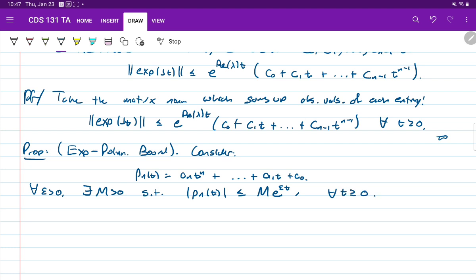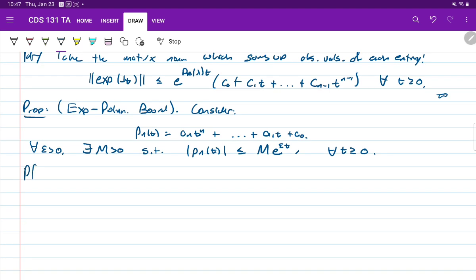So what this tells us is that we can bound above a polynomial with an exponential with an arbitrarily small positive rate. Okay, so for the proof, I'm just going to go a little quickly here.